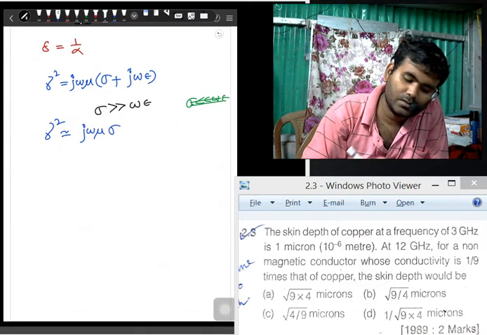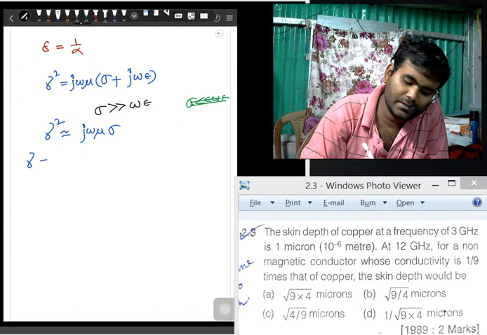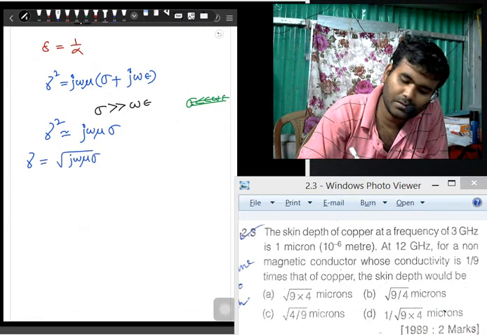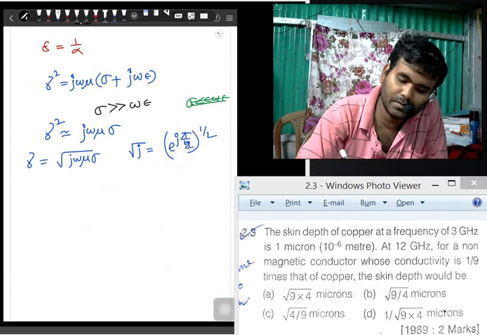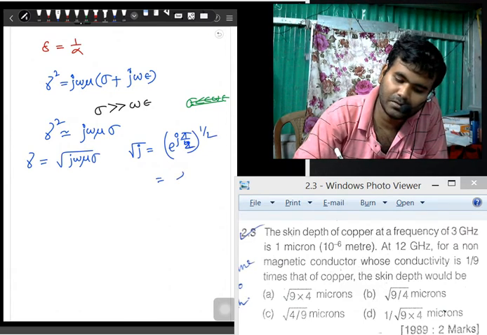So what is gamma? Gamma is under root j omega mu sigma, and you know under root j, what is under root j? It is basically e to the power j pi by 2, to the power half. So it will be e to the power j pi by 4, right?